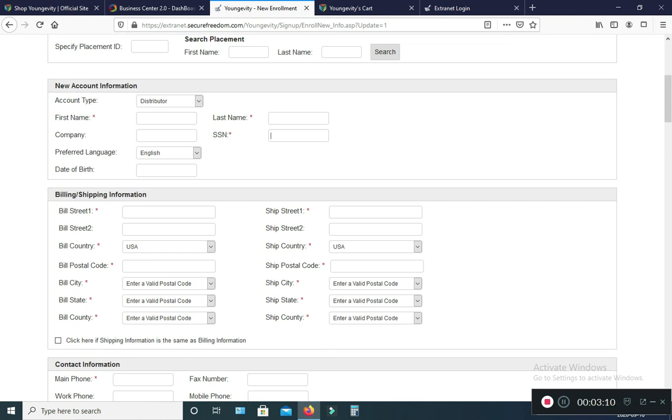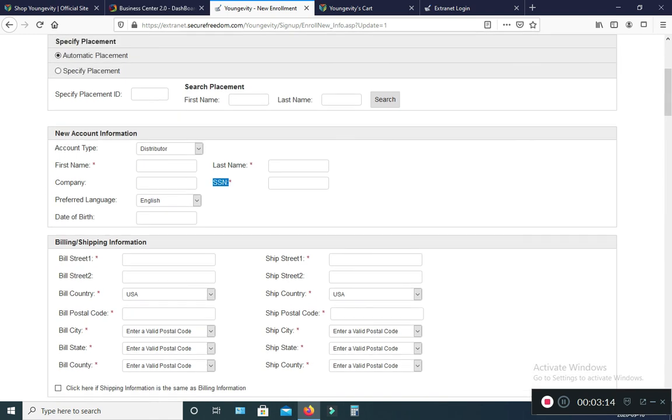So key for that actually is that if people are taking advantage of the business opportunity for the tax reasons, and there's many tax benefits to owning your own business, the business doesn't have to actually make any money. That means you could enroll somebody here as a distributor, and they basically buy a business license. It requires their SSN number, right?